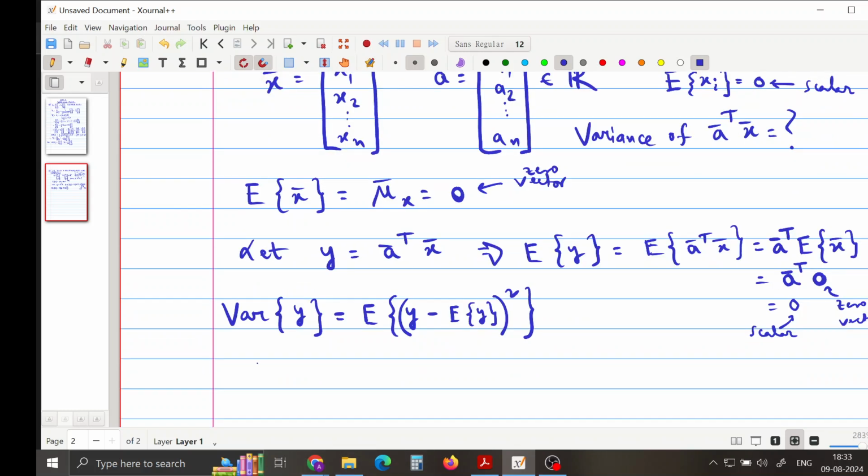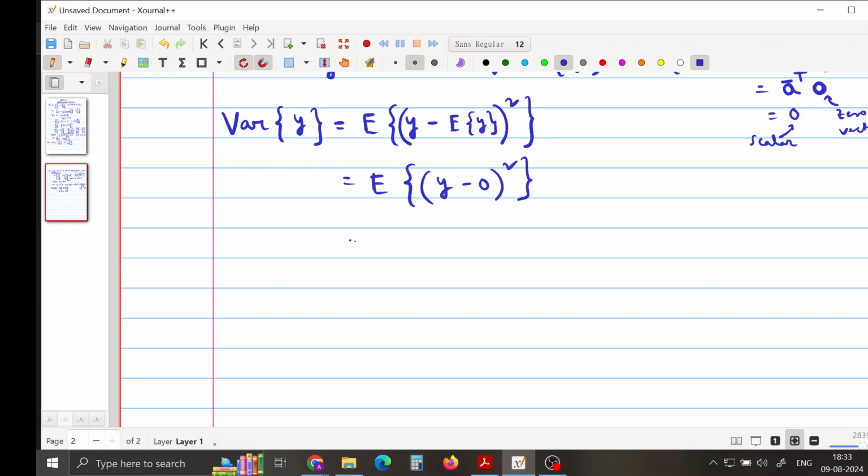And so what are we getting here? The expectation of y minus, what is the expectation of y? We just found it's 0. So this is the expectation of simply y squared, right? And what was our y?